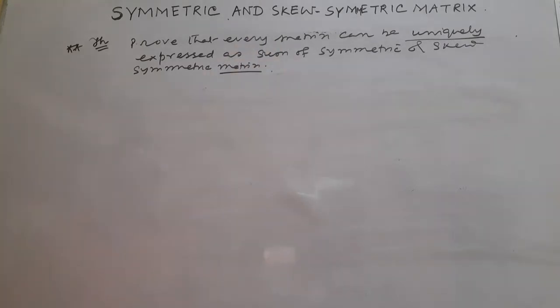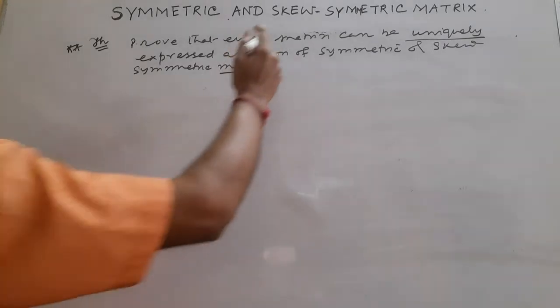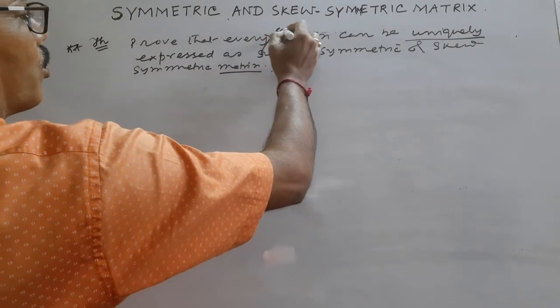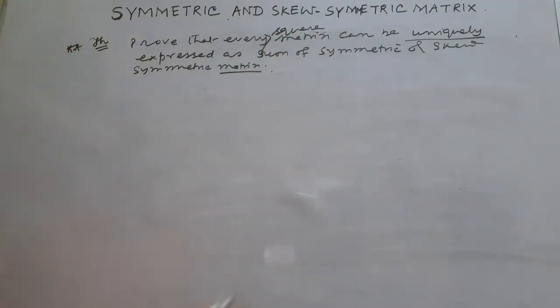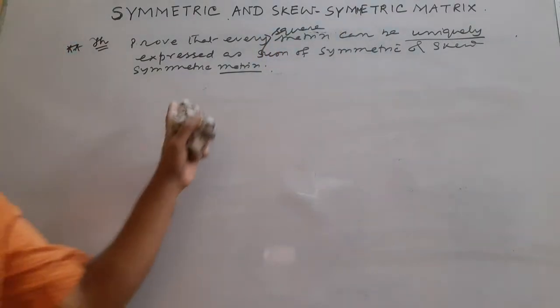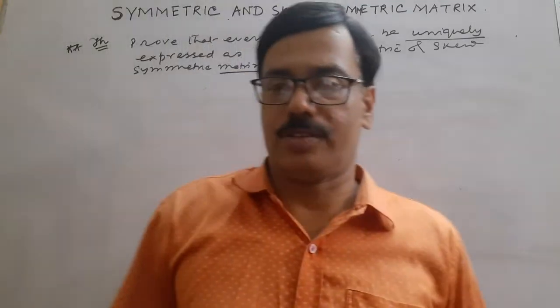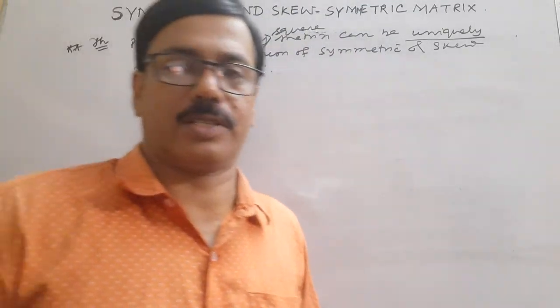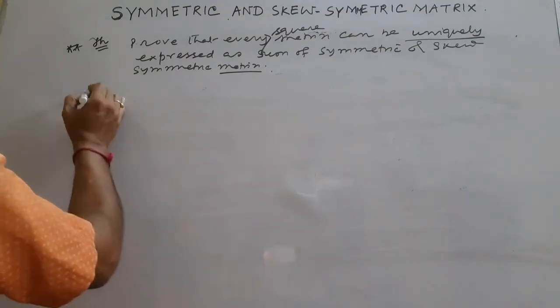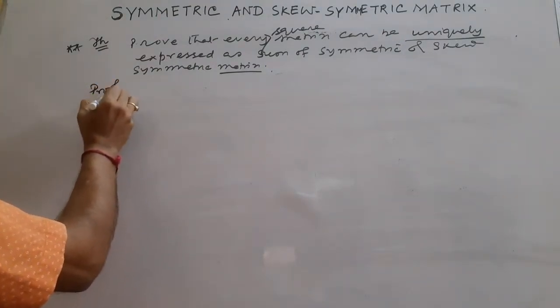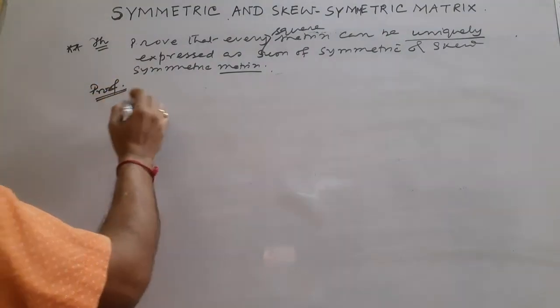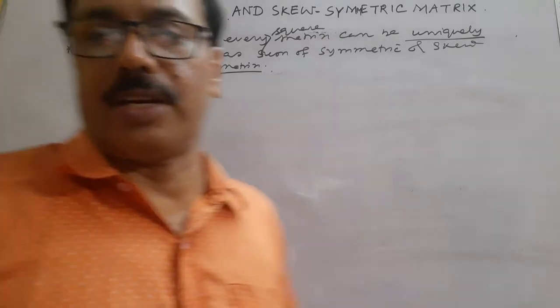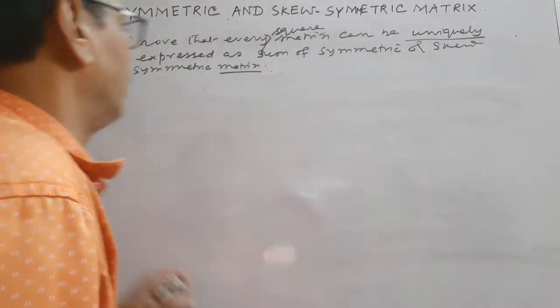Every square matrix can be uniquely expressed as a sum of symmetric and skew symmetric matrix. So, proof. You may consult any standard book, proofs are given.